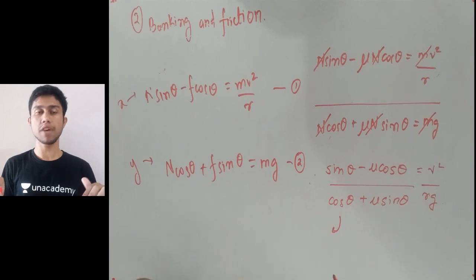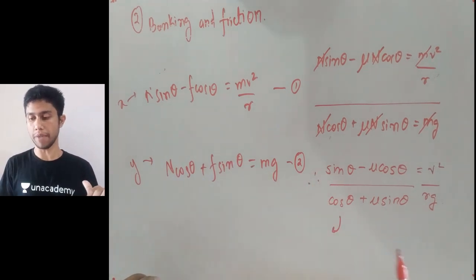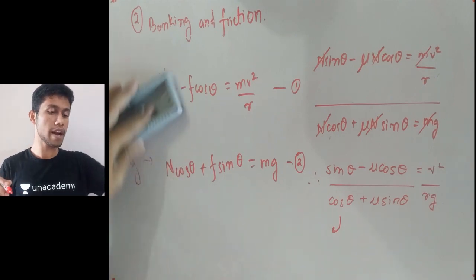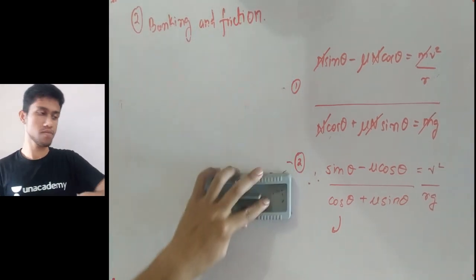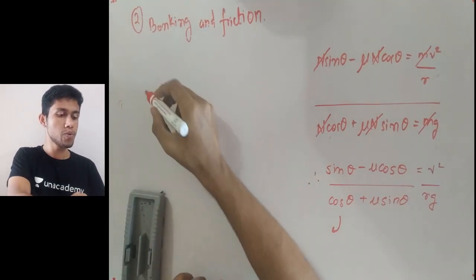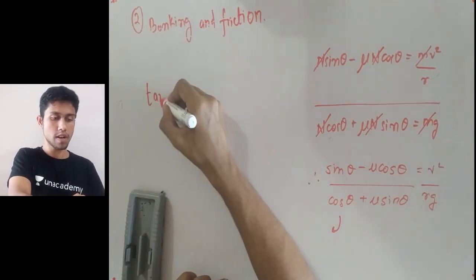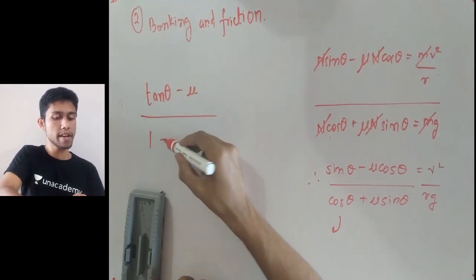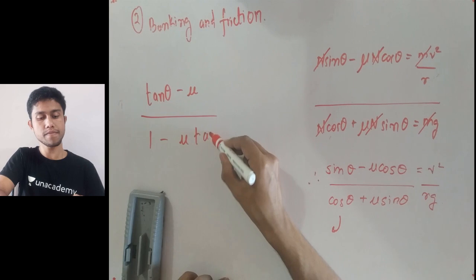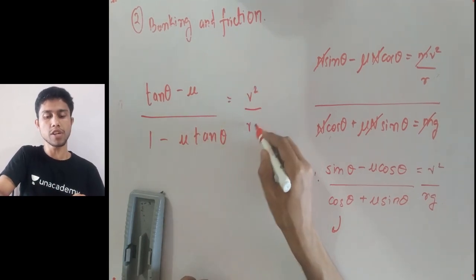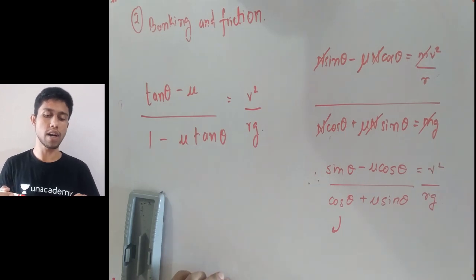This can be simplified more if you know a formula from trigonometry. So this will equate to tan theta minus mu upon 1 minus mu tan theta is equals to v square upon rg. So this is the most simplified formula obtained.